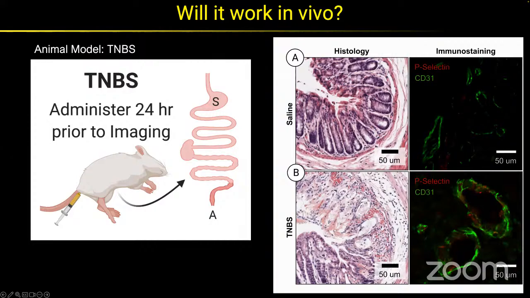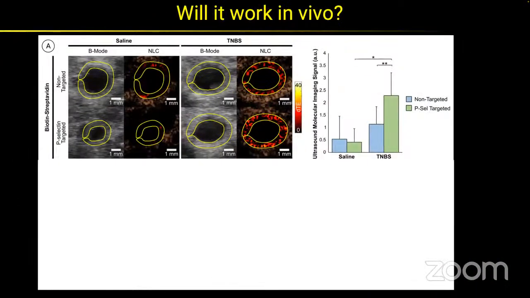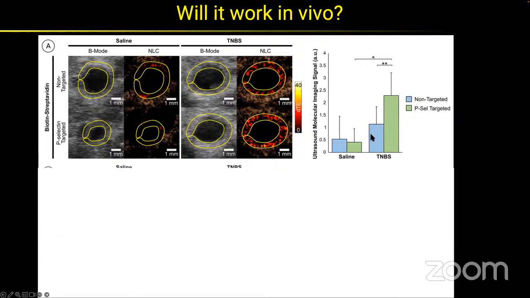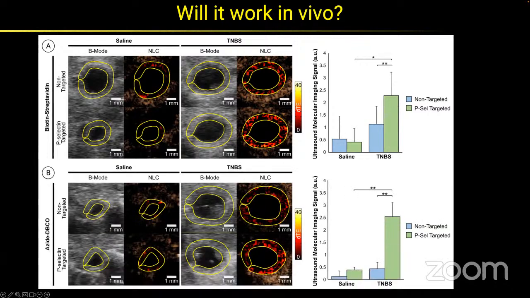We're seeing expression. Can we actually see an ultrasound molecular imaging signal? On the top here are our biotin streptavidin microbubbles, and we were able to see a differential signal. It wasn't anything to write home about, but it was statistically different. When we compared that to our azide alkyne, not only did we get a similar targeted signal, but the nice thing is that we saw a decrease in our background compared to biotin streptavidin, which is really common with these biotin streptavidin bubbles.